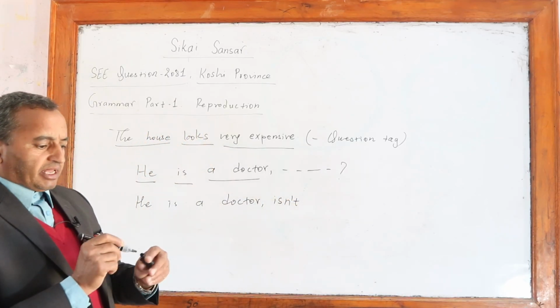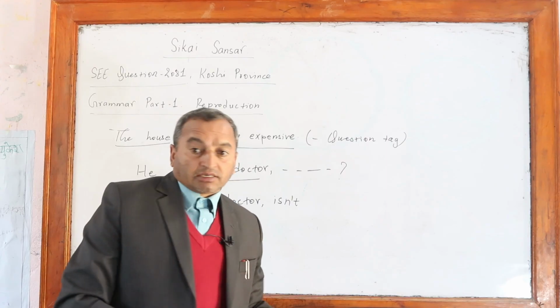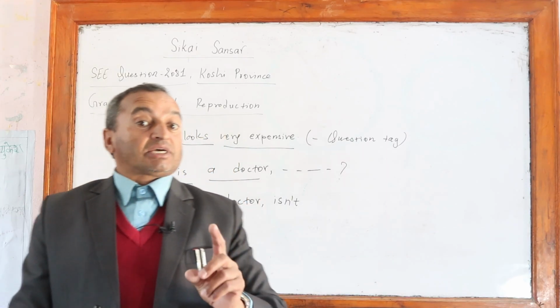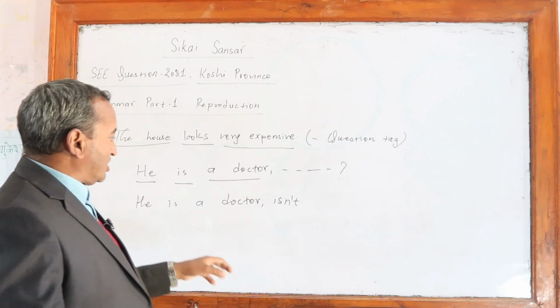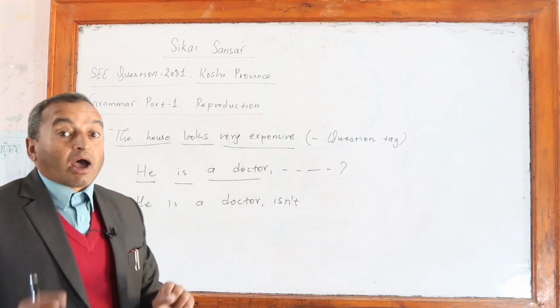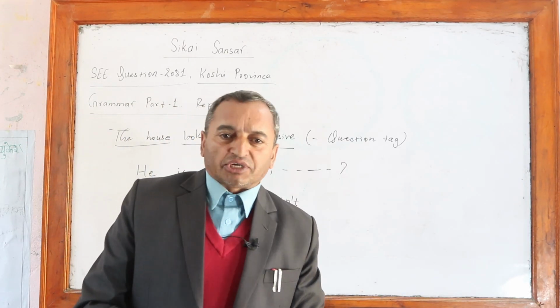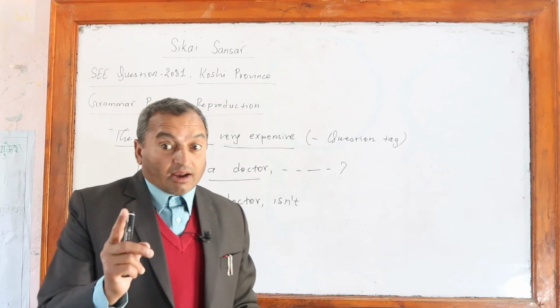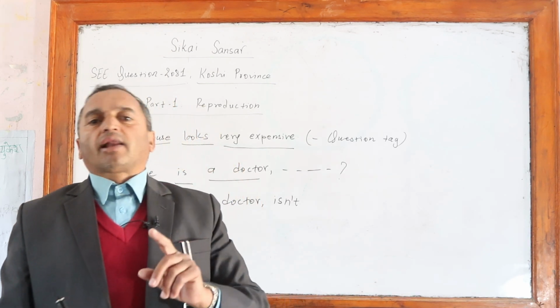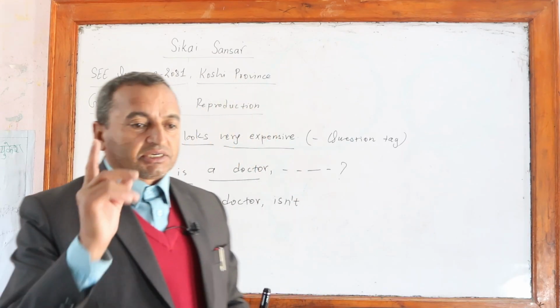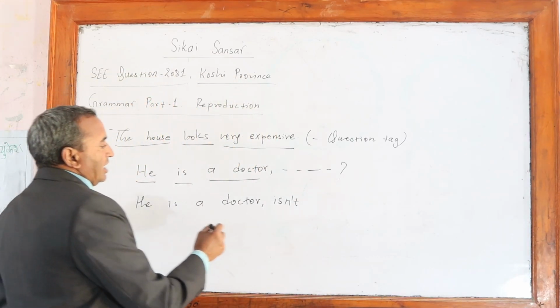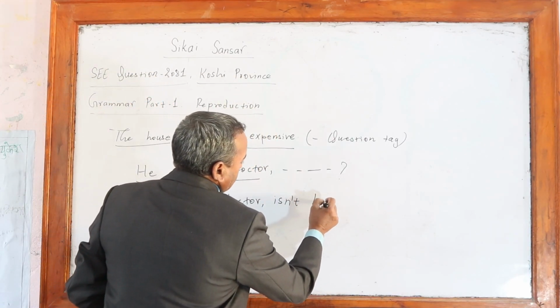And after isn't, we have to write the subject in pronominal form. But how lucky we are in this example, he is already a pronoun. So we have to supply the pronoun. But remember, my dear students, while writing the pronoun there, we have to write in a small letter because it is in the middle. So he is a doctor, isn't he?